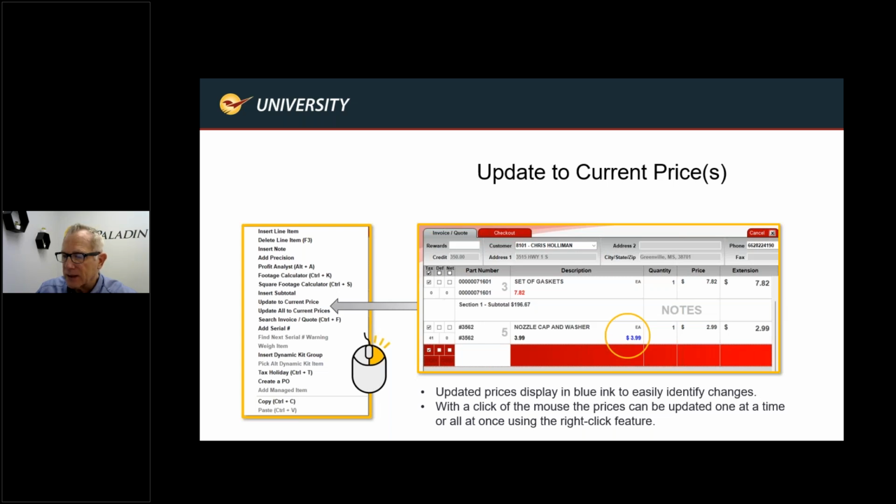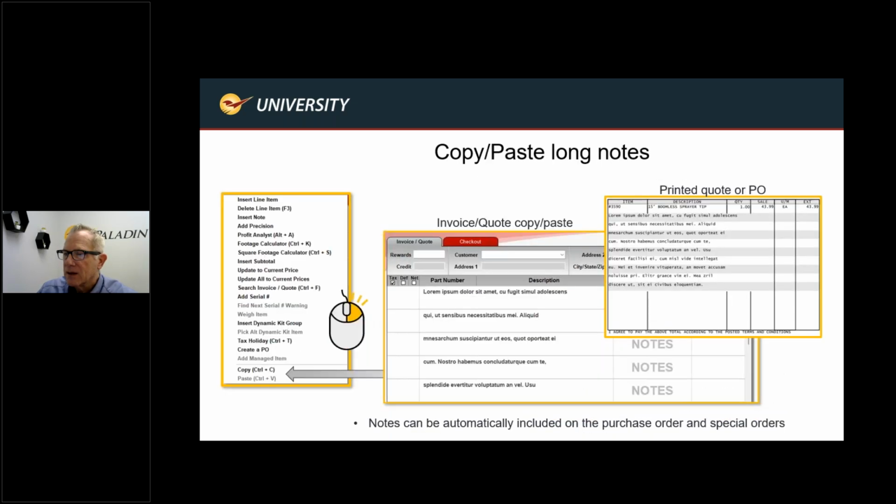And with the click of the mouse, these items can be updated either one at a time or all at once. Copy and paste. This is something that we added in the distant past, but we had a lot of folks building custom windows, custom doors, custom cabinets. They need to put a lot of notation and notes.